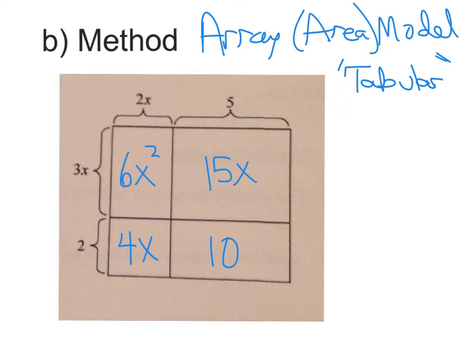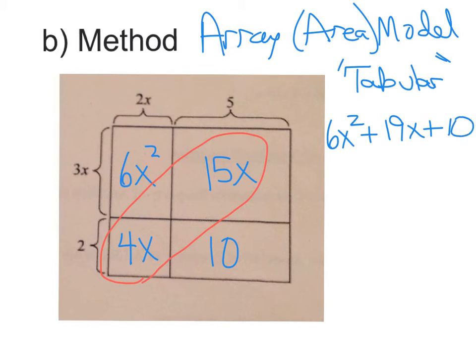Very often when I am using the tabular method or the array model, I'm going to be able to look at the terms on the diagonal and notice that they are like terms. So when I combine my like terms, my final answer will be 6x squared plus 19x plus 10. I get exactly the same answer that I got on the previous example because it was the same two binomials.